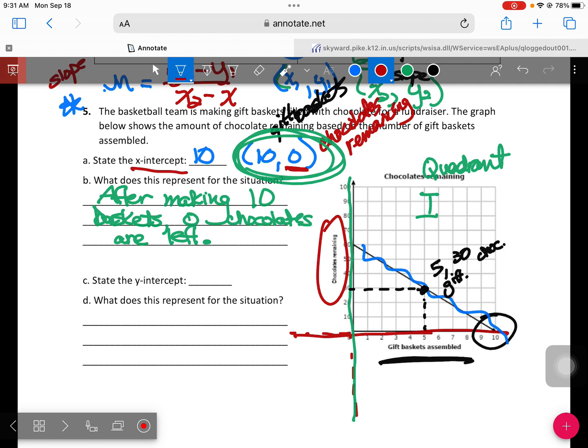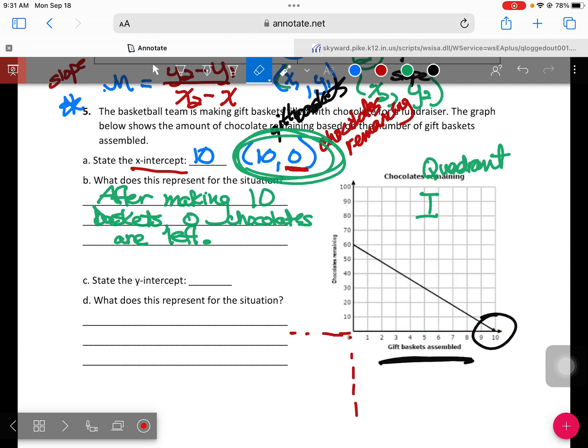Okay, so right here, what does this point represent in my basket making and chocolates? What do you think, Erica? Say it again. No. Remember, the 0 here goes with the x. So how many gift baskets do I have right now? 0. I have 0 gift baskets.